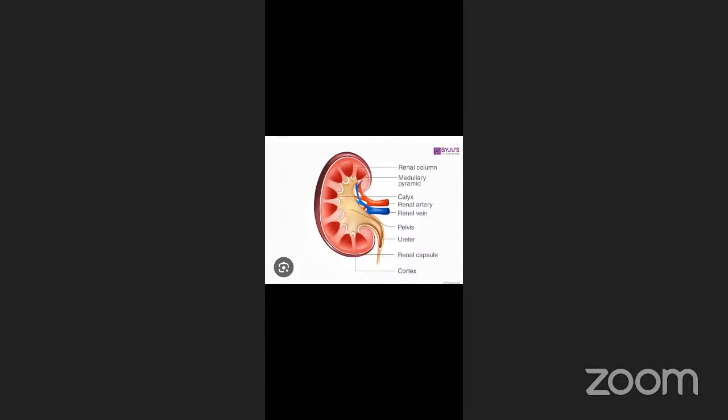So, okay, some are saying, I repeat, the process of deamination. For those who have not understood, I've said after the process of digestion of proteins, amino acids are taken to the liver. The proteins are usually digested to amino acids.